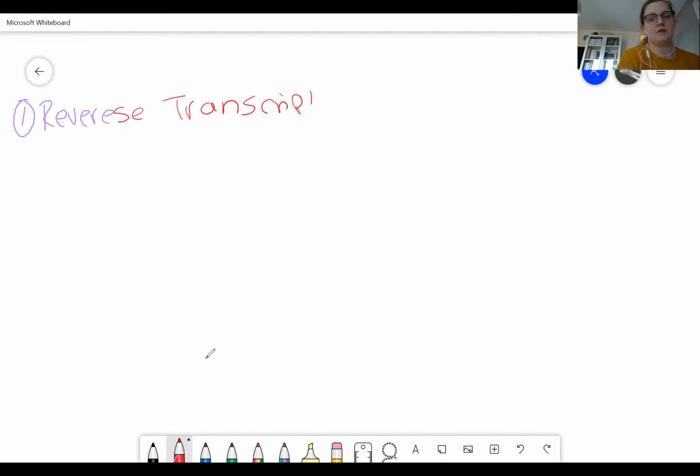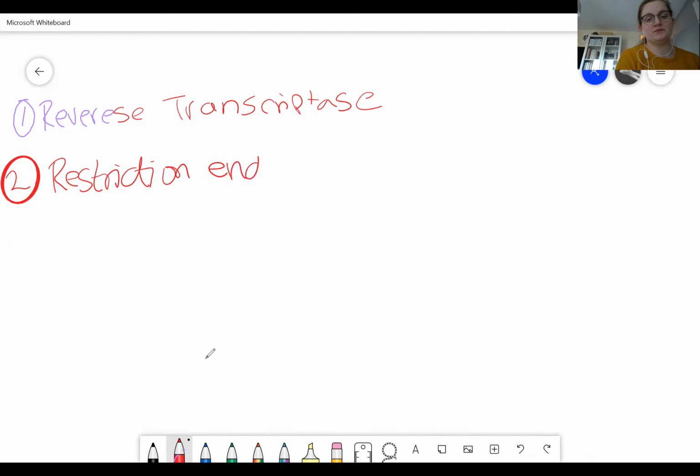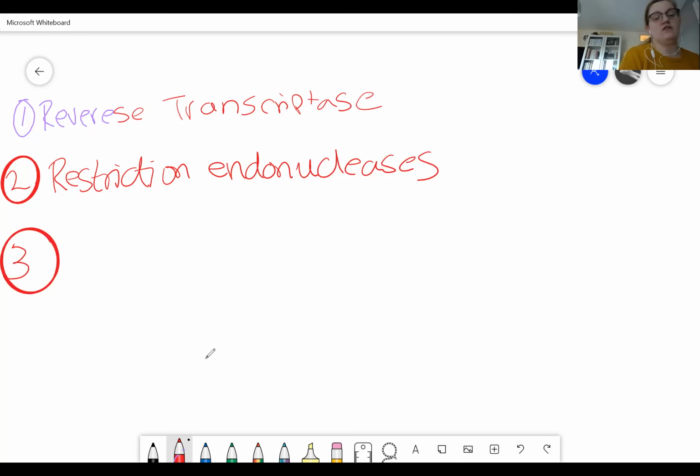The second is using restriction endonucleases. And then the third one, which is what we're going to go through now, is using something called a gene machine.